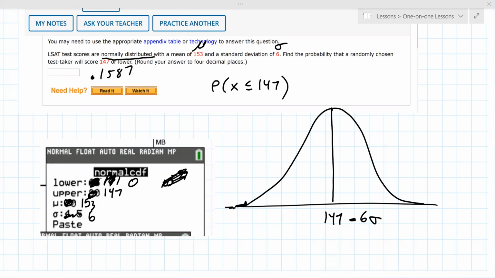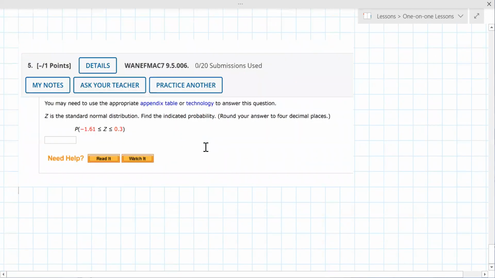Okay, now we're going to do 5. Sometimes you're going to see this thing called Z instead of X. Z is just the standardized values. So in this problem, instead of X, you'll see there's a Z right there. For Z, this is always true: your mu is always 0 and your sigma is always 1.